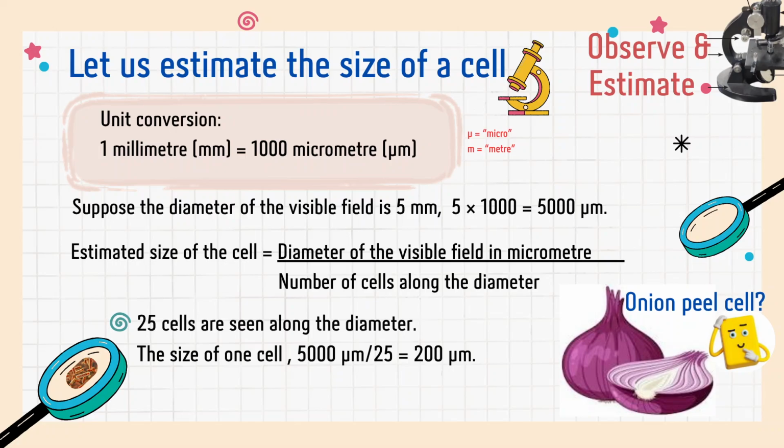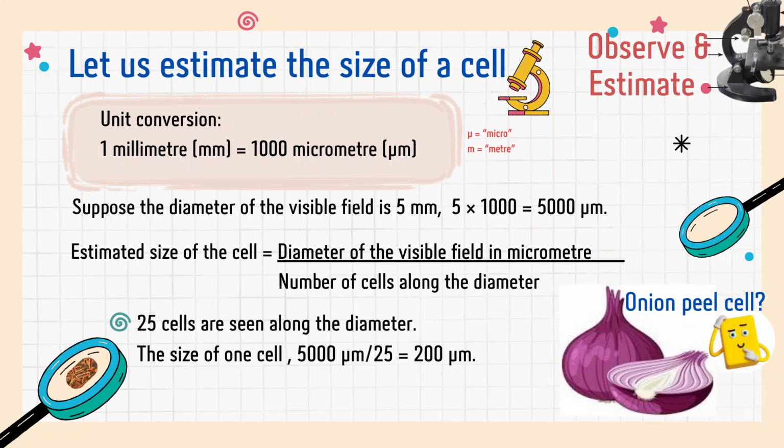Second, count the cells. Swap the ruler for your onion peel slide. Look at the cells lined up in a straight line across the exact center of that circular field. Count how many cells it takes to get from one edge to the other. Let's say you count exactly 25 cells. Now the maths. That is the third step.